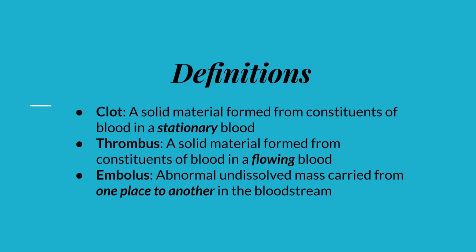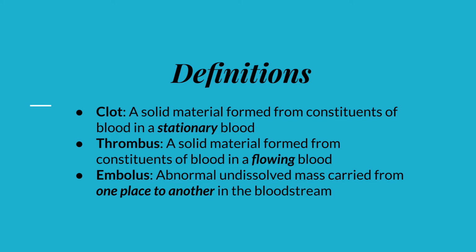The definitions of clot, thrombus and embolus are distinct from each other. A clot is a solid material formed from the constituents of blood when the flow is stationary, whereas a thrombus is a solid material formed from the constituents of blood that is flowing.